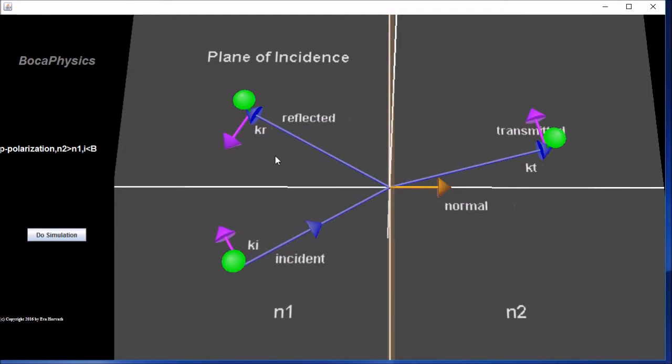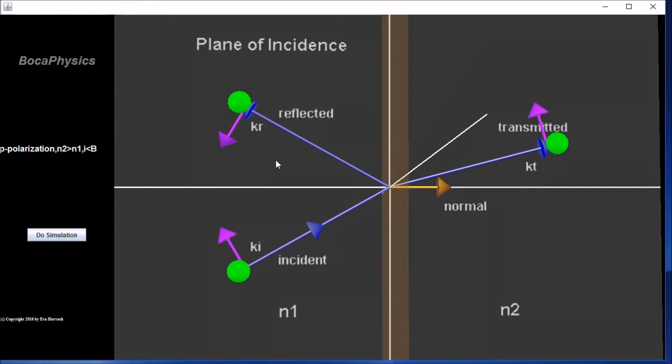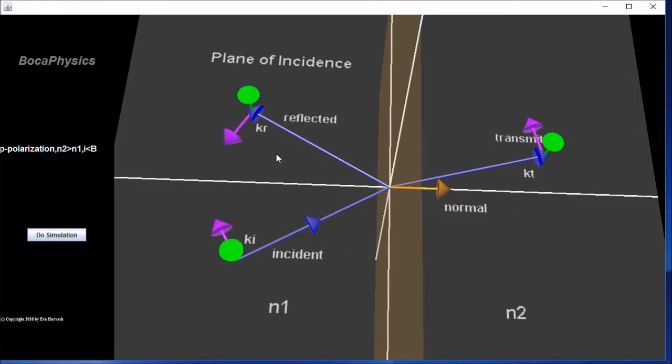Knowing the directions of the magnetic fields and the directions of the wave vectors, we can determine the directions of the electric fields. The Fresnel coefficients only give the relations between the magnitudes of the electric fields of the reflected and transmitted waves and the incident wave, which is why we have to take this additional step in our analysis.